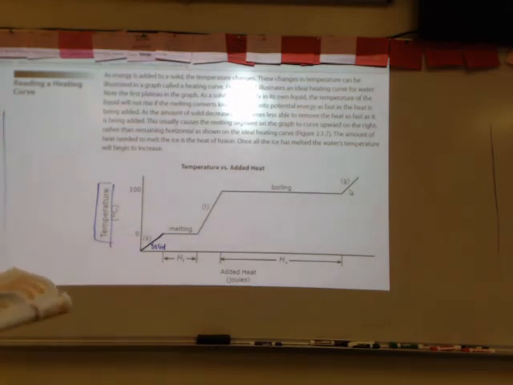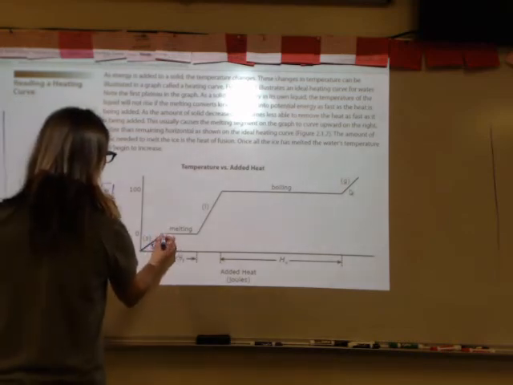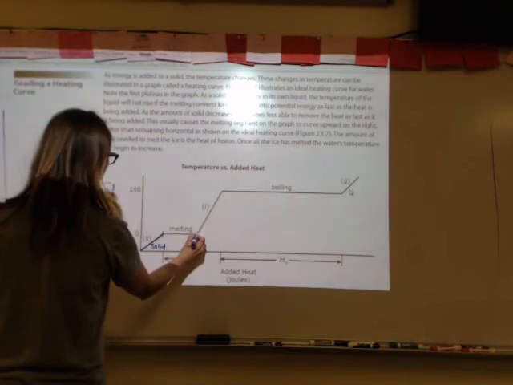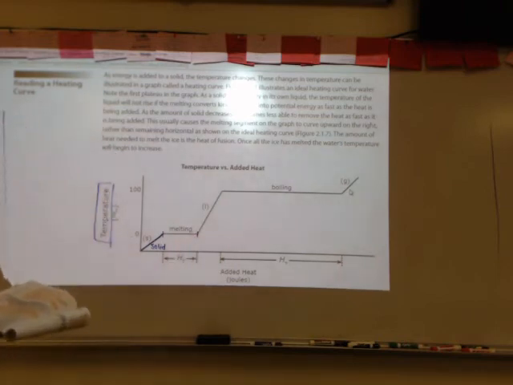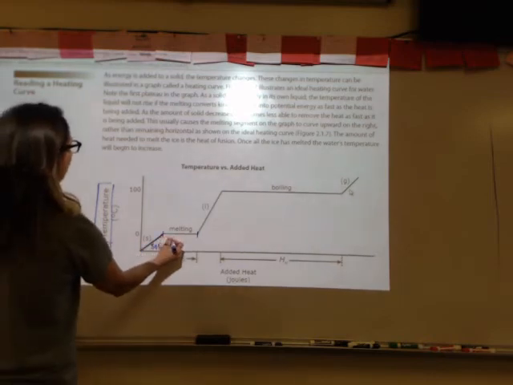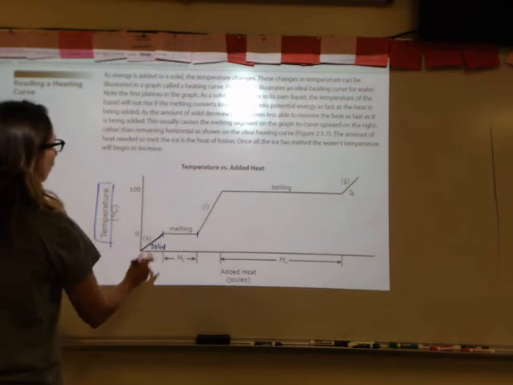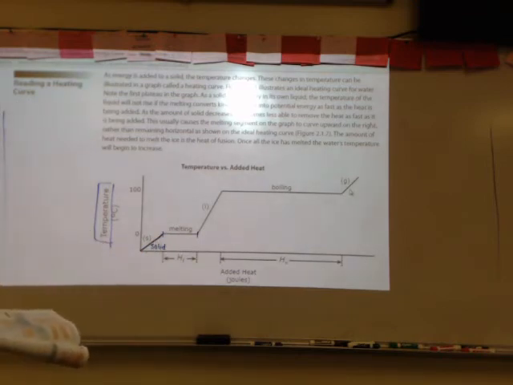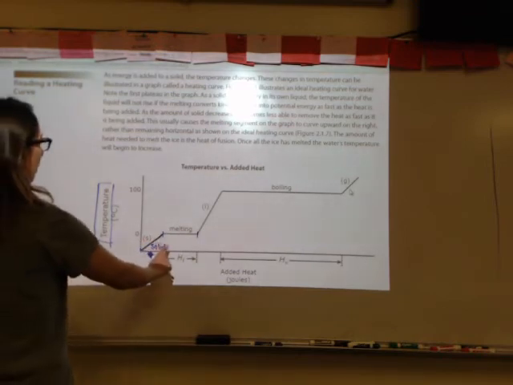And this is showing you an ideal heating curve for water. Now, this first plateau in the graph between this portion and this portion right here says melting. As the solid melts slowly in its own liquid, the temperature of the liquid is not going to rise if the melting is converting kinetic energy into potential energy as fast as the heat is being added.